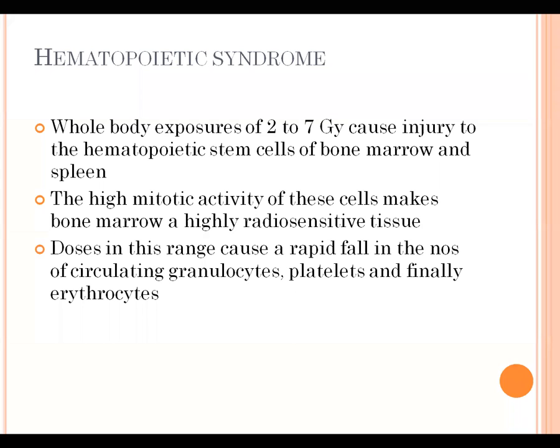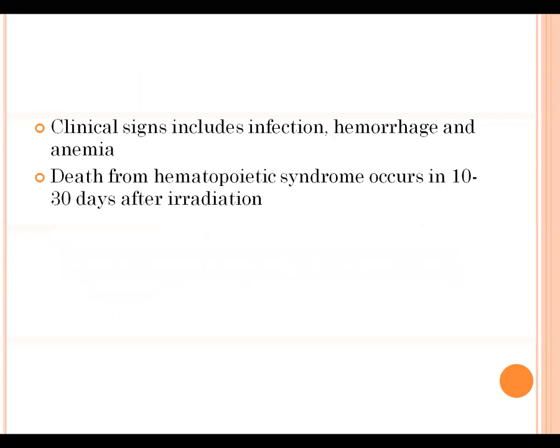So it directly proceeds as the radiation damages the hematopoietic stem cells. Platelet, granulocyte, and erythrocyte counts also decrease. Clinical signs: you will see there will be more chances of infection, and due to the reduced number of platelets, which help in healing, there will be more hemorrhage, and more chances of anemia due to the erythrocyte count going down.